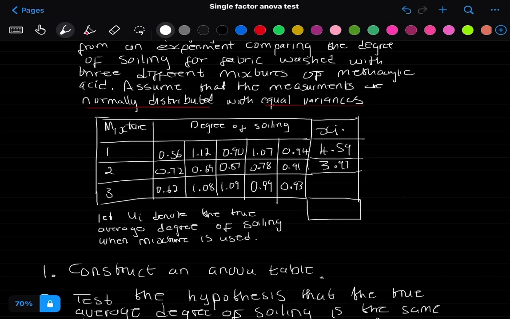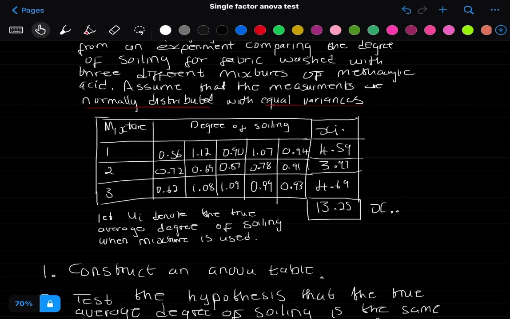And the third row is 4.69. Now, the value that we are going to get here is what they call the grand total. Its symbol for representing it is x dot dot. So we're going to say 4.59 plus 3.97 plus 4.69, which is equals to 13.25.